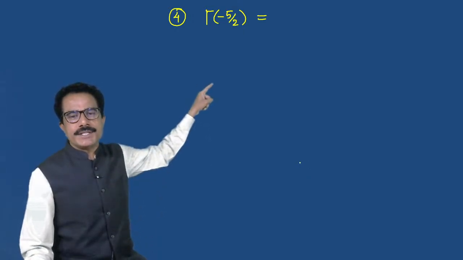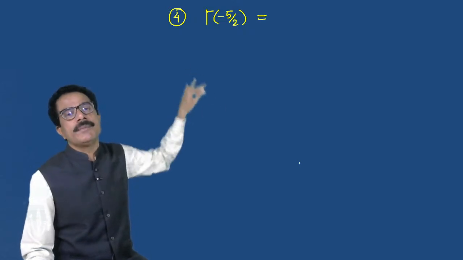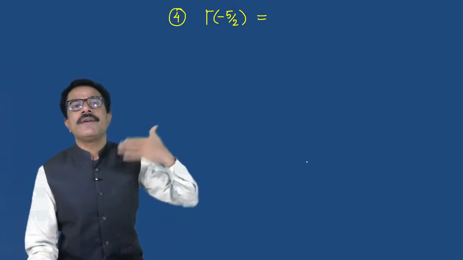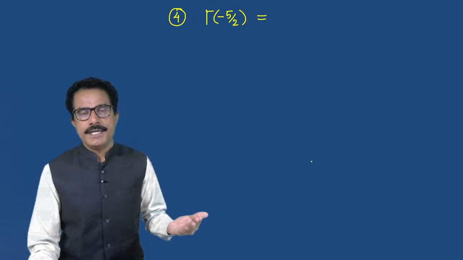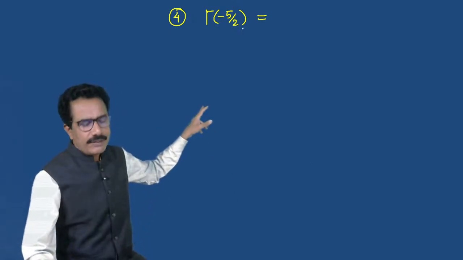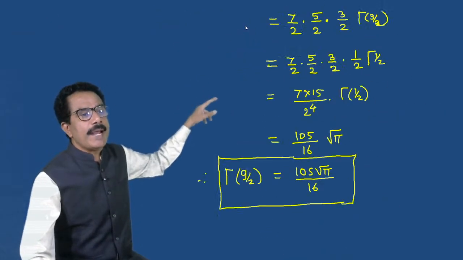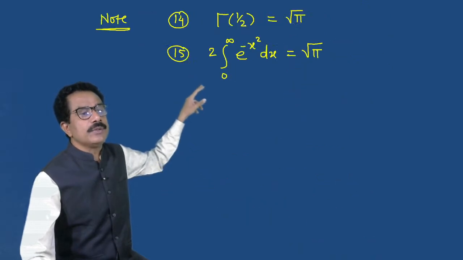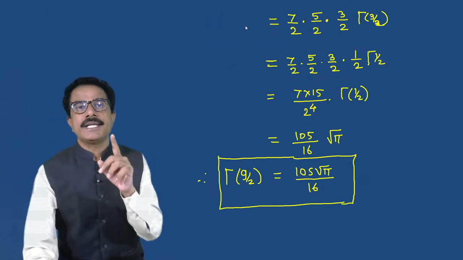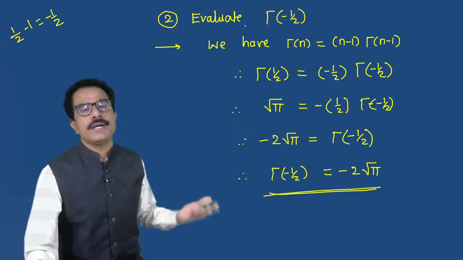If it is a fraction having a denominator 2, then we can write its value in terms of root pi, otherwise we can't find it. See this, the denominator of each term here is 2: 5/2, minus 3/2, minus 1/2, here 3/2, here 9/2. The denominator is 2, then we can write the value in terms of root pi.